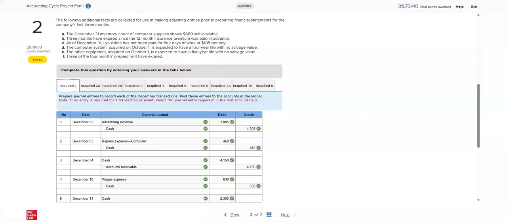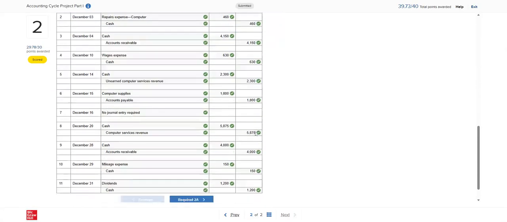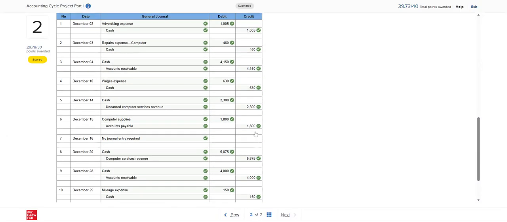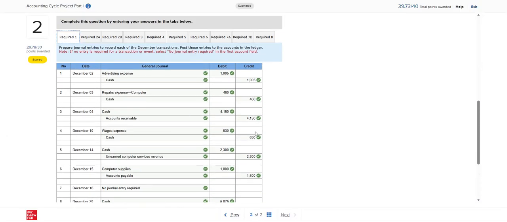Because expenses increase with the debit and cash decreases with the credit, the entry was recorded as a debit to advertising expenses and a credit to cash. Recording transactions this way ensures that the accounting equation, which is assets equals liabilities plus equity, remains balanced.